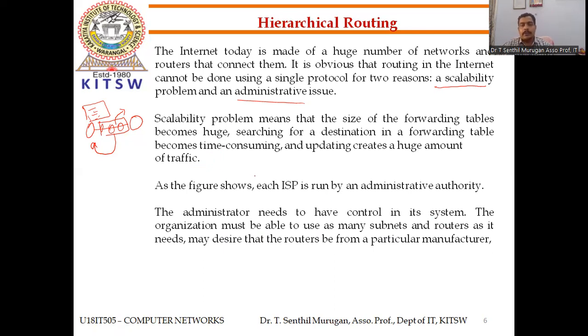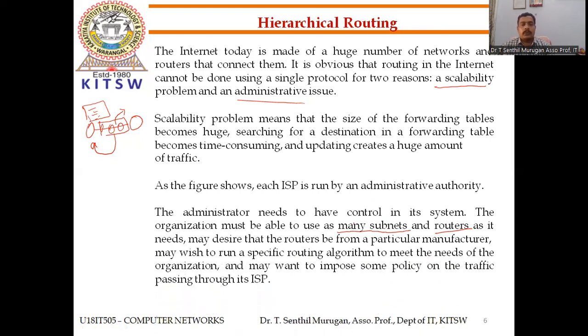The organization must be able to use many subnets and routers as its needs require. For example, we will take W: we use how many routers and how many switches for each and every lab. All the labs will be connected in the administrator block, then the administrator has control over all the networks. Now think about it at the world level. It's very huge.